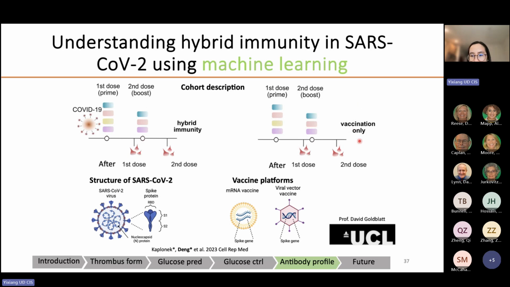And then there are patients categorized as vaccination only, meaning that they had not seen any virus before they took the vaccines. Here is a brief structure of SARS-CoV-2. We want to analyze the antibody responses with respect to different components of SARS-CoV-2. And specifically, we also examine two different vaccine platforms, which are mRNA vaccine and viral vector vaccine.